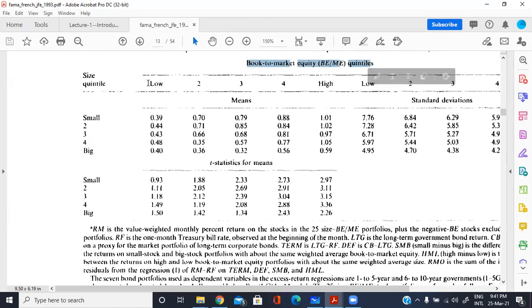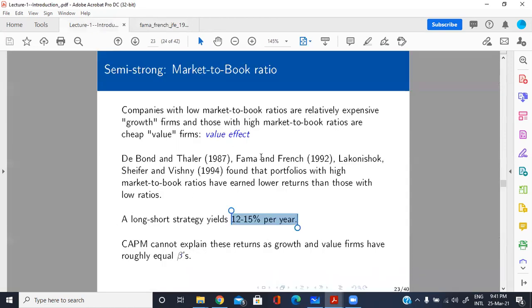So low to high. So which groups will provide higher return? The group which has high book to market or low book to market? What have we learned from here? Which are high value stocks? Those which have high book to market, right?